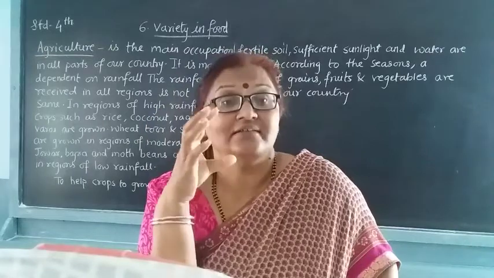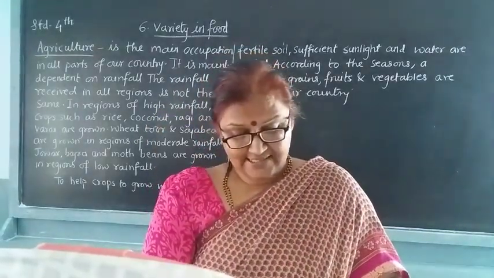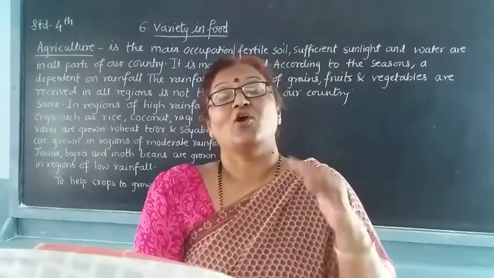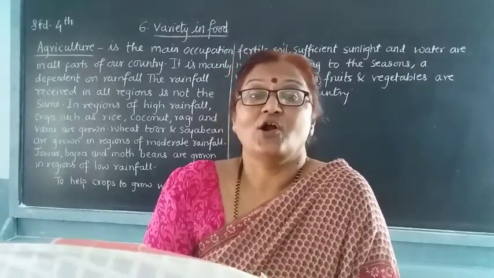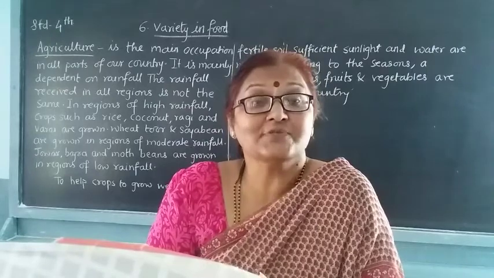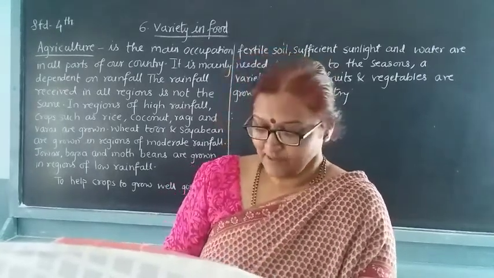So cultivation is taken up there. Why does the staple food of people vary according to the region? According to their habitat, their atmosphere, their religion, various types of foods are eaten by various people.